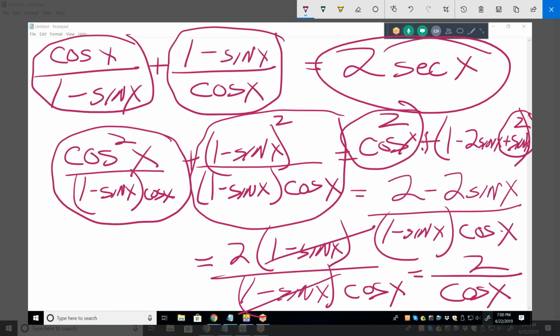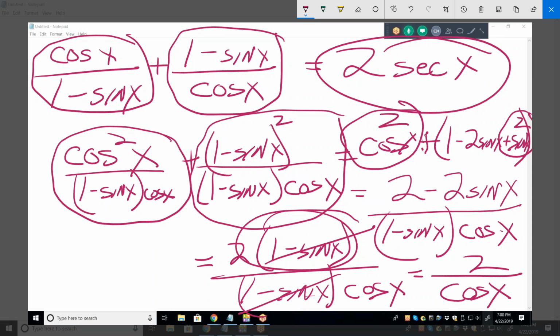Had I multiplied the cosine x times the 1 minus sine x, then I would have had to factor it in order to be able to cancel out with that. So don't multiply them together unless you're out of other things to do.